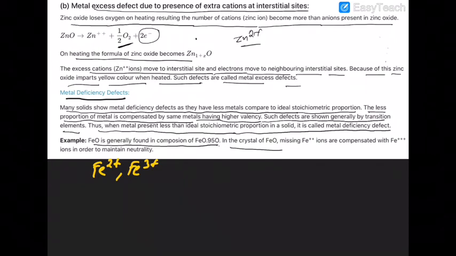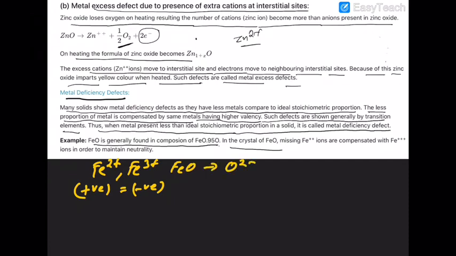So what has happened? The total positive charge should be equal to the total negative charge. Now the compound is FeO, which means oxygen carries a charge of -2. So the total positive charge should also be equal to 2.